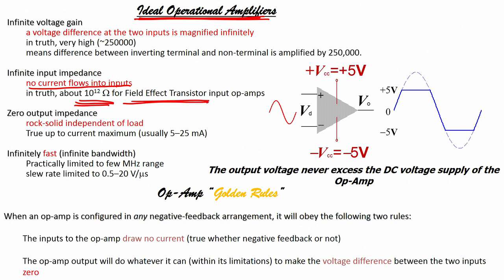Now, the point is, it has infinite input impedance, but why? Because at the input of the operational amplifier, we are using FETs, MOSFETs, right. MOSFETs and FETs have extremely high input impedance, that we know.